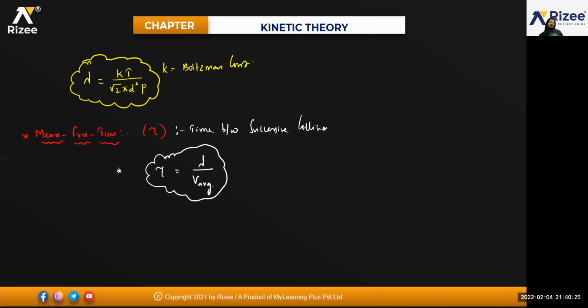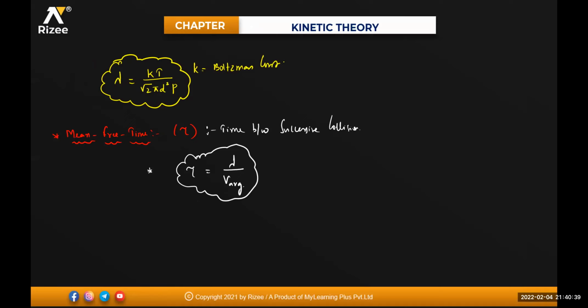So tau is equal to lambda divided by V average. Any doubt on this?